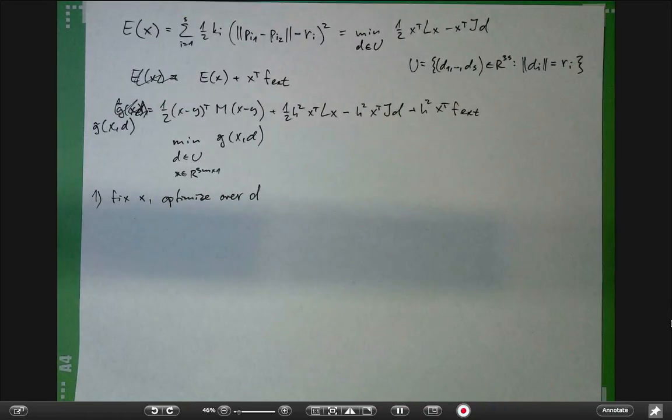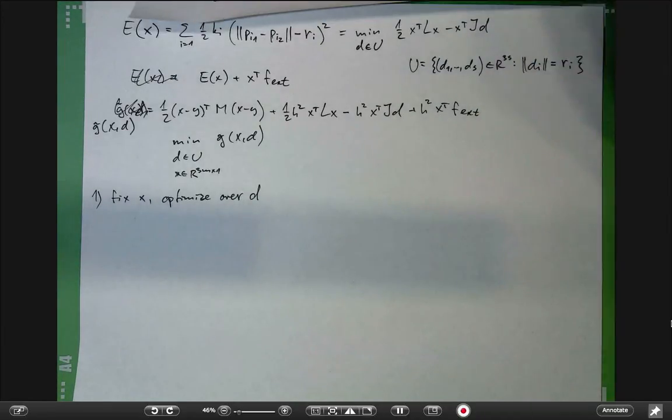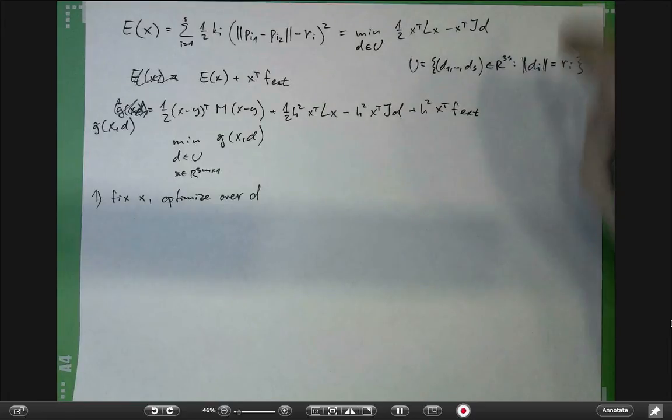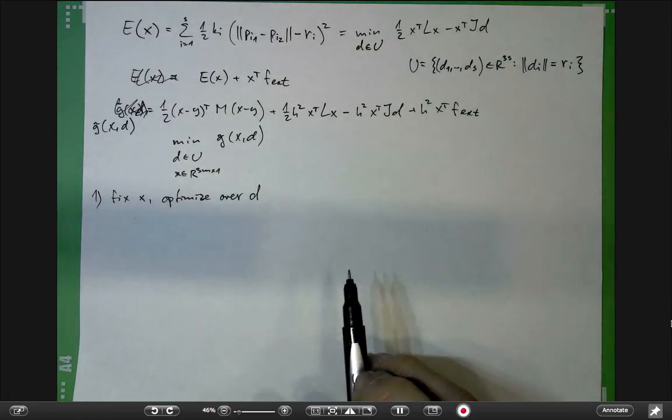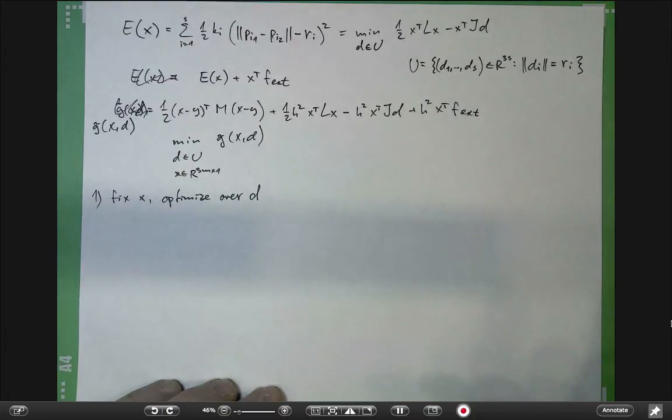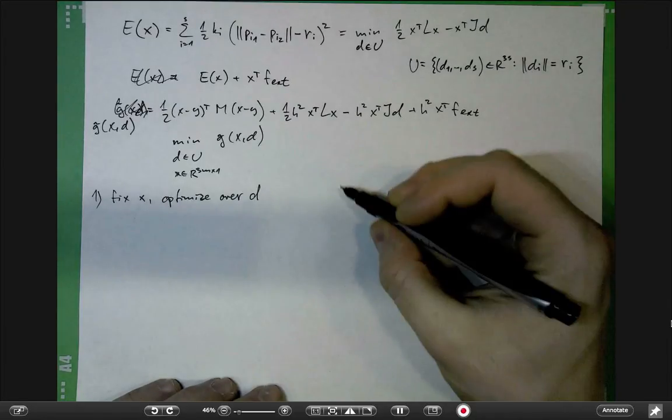That is actually very easy, right? If you recall what the d is. The d is the rest length spring direction. So this step essentially means just to normalize every spring, right? Just project every spring onto the rest length, just as I drew in the picture before.